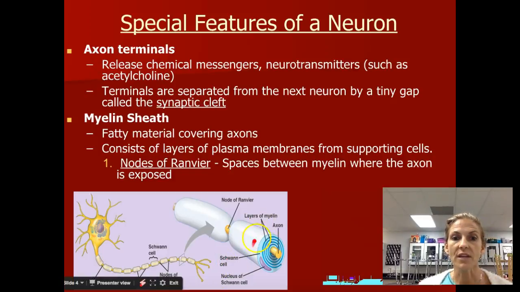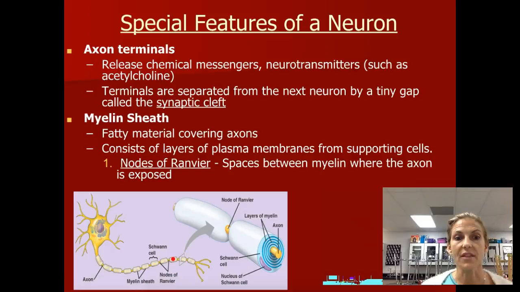Here, this coating that you see on the outside of the cell, that's called a myelin sheath. So myelin we find on many axons, and that insulates the axon and it protects it from damage because remember, we can't replace it. If it's gone, it's gone. And so that's going to help speed up signal transmission as well.